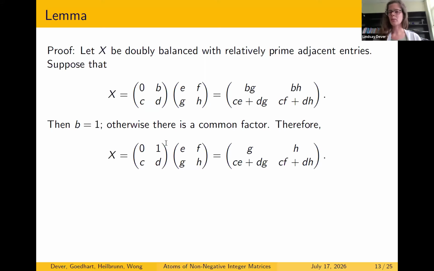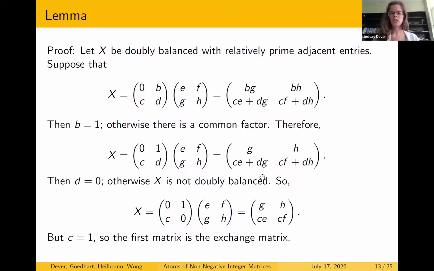All right, so we replace our B with a 1, we multiply our matrices together, but now we have G and H in our first row, and something in our second row that looks kind of big, which is not good because we want our matrix to be doubly balanced. So the only way to make this matrix doubly balanced is if D is 0.